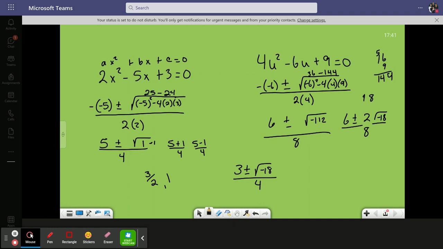All right, the only other thing from 1-2 that we did not talk about is called the discriminant. And that comes straight out of the formula also.